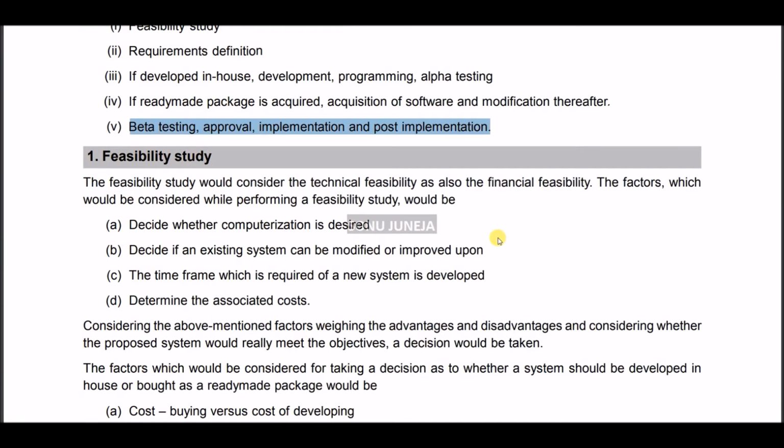What is feasibility study is also another consideration. So feasibility will consider the technical as also the financial.